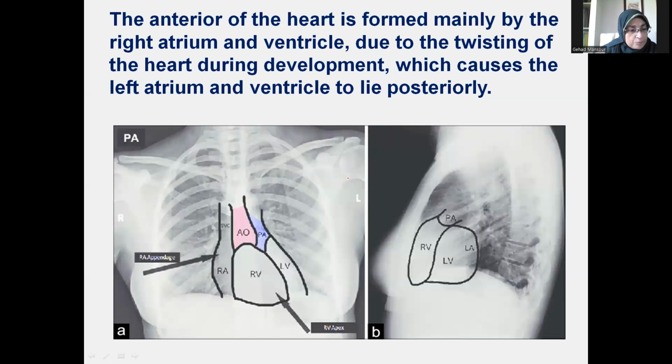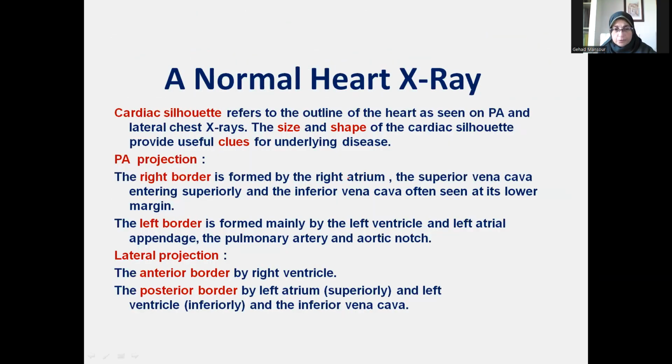I can tell you that I'll not be asking you about the chambers of the heart in the anterior or lateral positions, because this detailed anatomy is a bit too detailed for a human biology curriculum. You just need to know them, and it's important, of course, to know the relationships between all the chambers, but I'll not be asking about this.